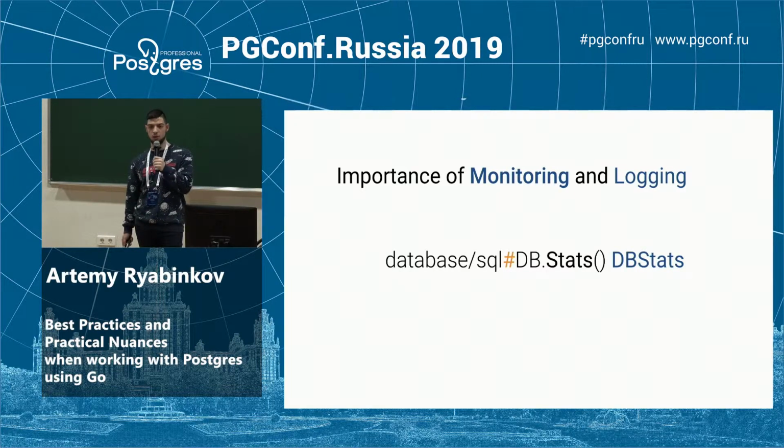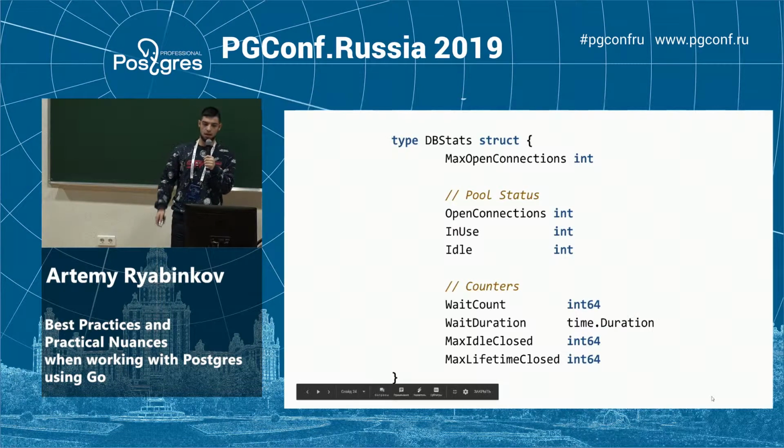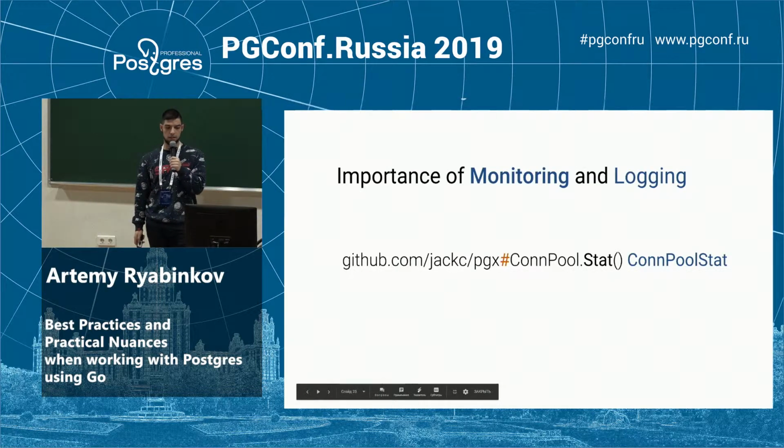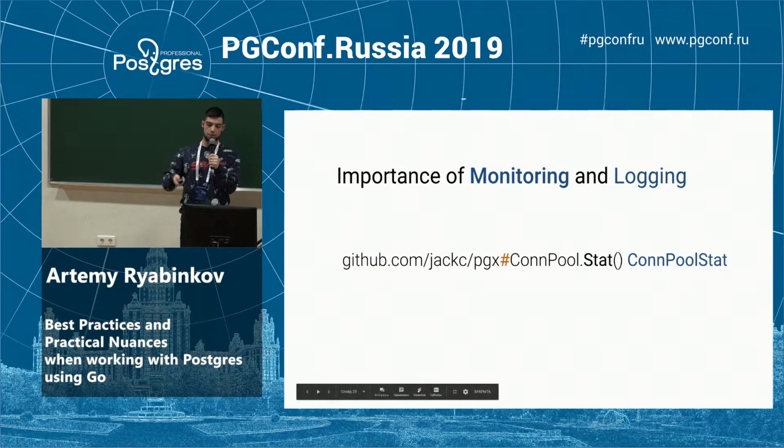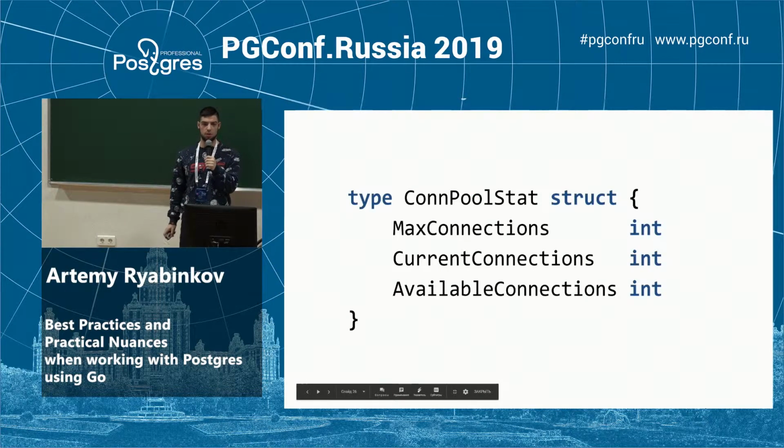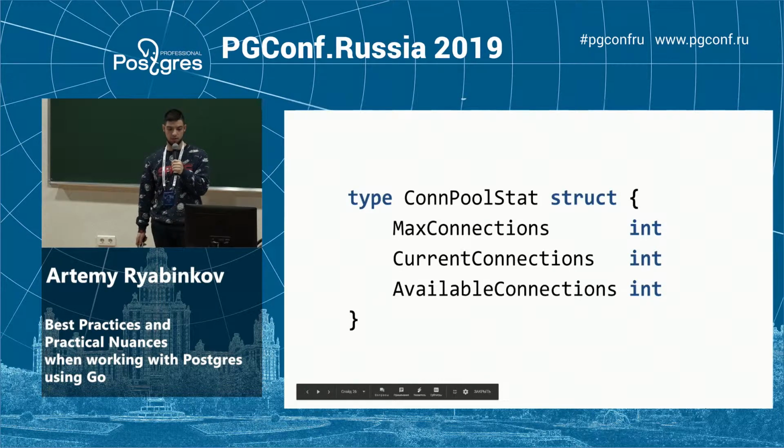The standard package provides a Stats method that will show you a snapshot of the state of your pool and the queries, and it would be good for you to monitor them to understand what is going on in your database. If for the purposes of performance you work with the driver without the database/sql abstraction layer, you can use the PGX connection pool and get information about the current state of the pool like this.